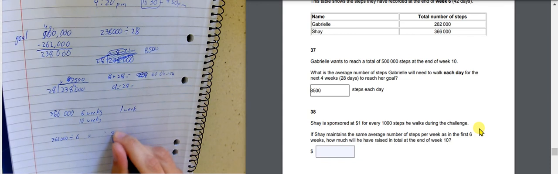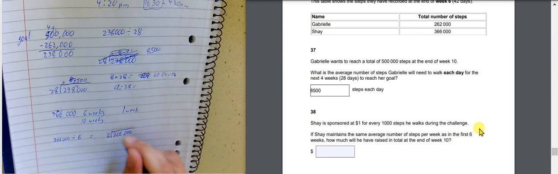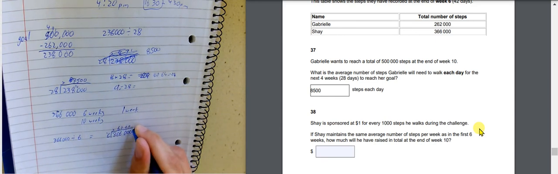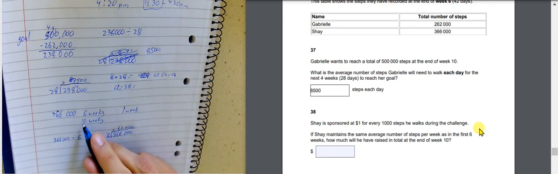So again, you can just put it in your calculator, 366,000 divided by 6, and I believe you will get 61,000, but we'll double check because my maths has been bad. So 366,000 divided by 6. A lot easier to divide by smaller numbers. 6 into 3 doesn't go, 6 into 36 is 6, 6 into 6 is 1, and then zeros after that. So we will be doing 61,000 per week. Multiply that by 10 to get 10 weeks worth, obviously to multiply by 10 you just add a 0.